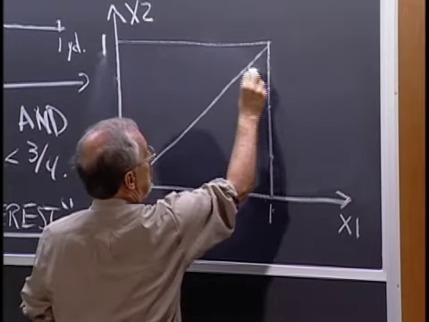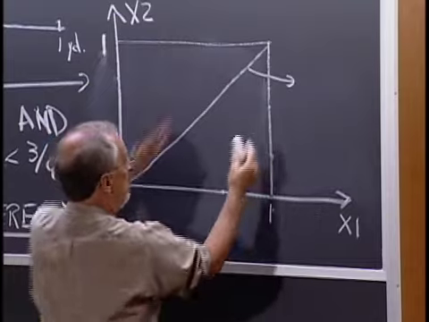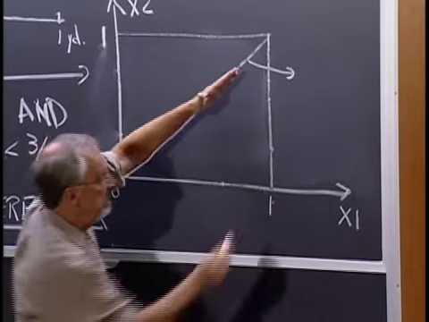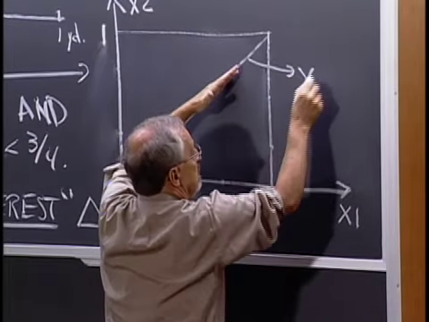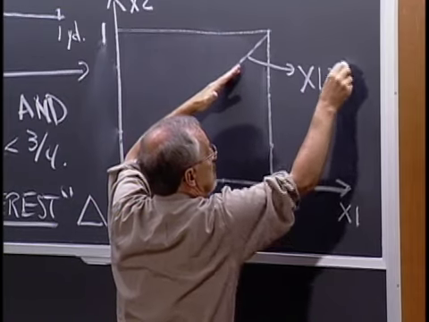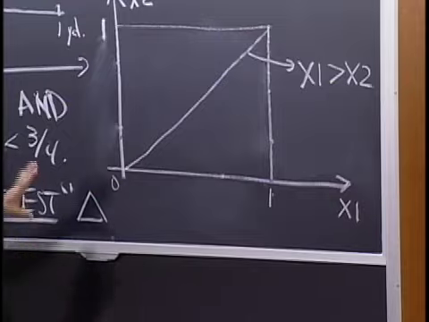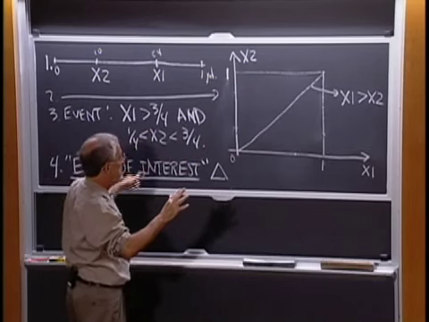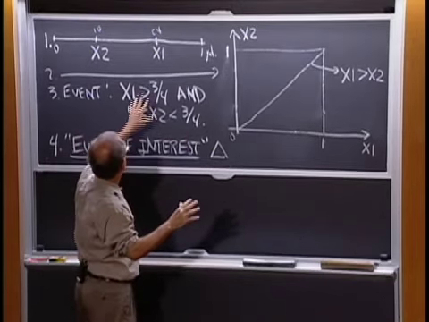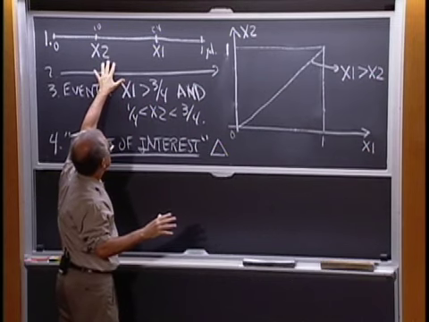So if you go to this side of this 45-degree line, you find out that x1 is greater than x2, which is the situation that we found when we did our experiment. Okay, so x1 is greater than x2, just as we have this drawing right here.